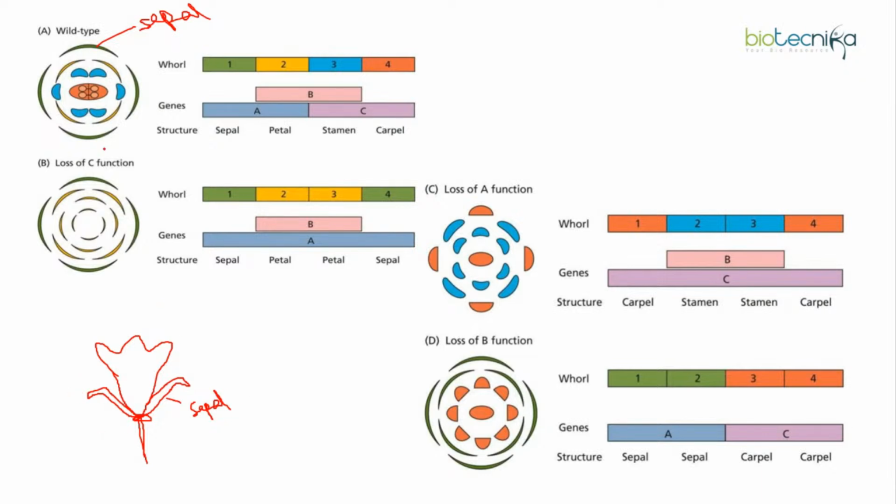It is in a wall, so circular. Now the next one will be what? The petal, the colored part. Next, inside, you're going to have the stamens.